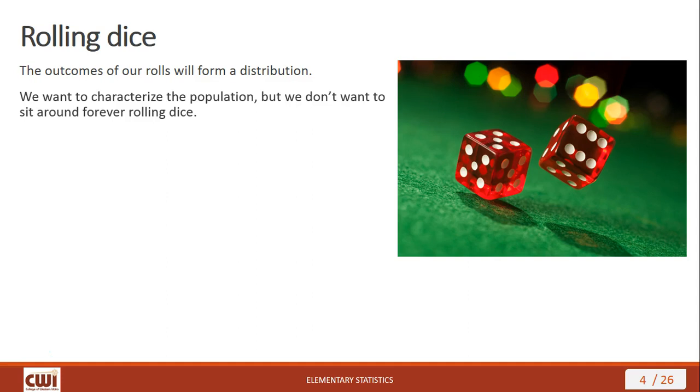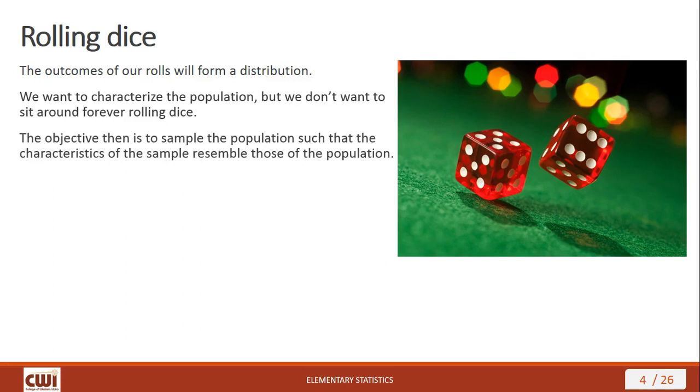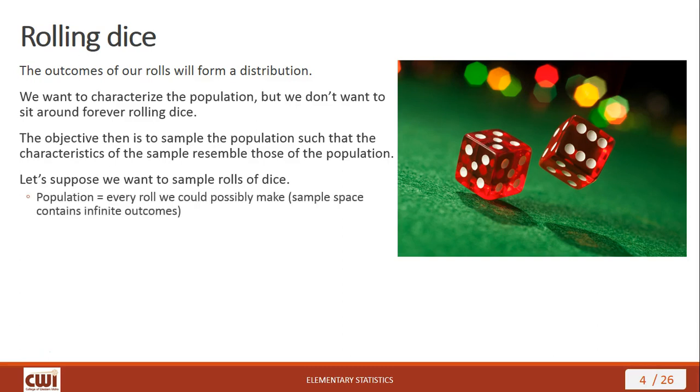So what we need is another way in which we can take samples from the population and then use the statistics from that sample to estimate the parameters for the entire population. But we need to sample the population in such a way that our samples are characteristic of the larger population. So let's use an experiment where we're rolling dice to see how this can actually work.